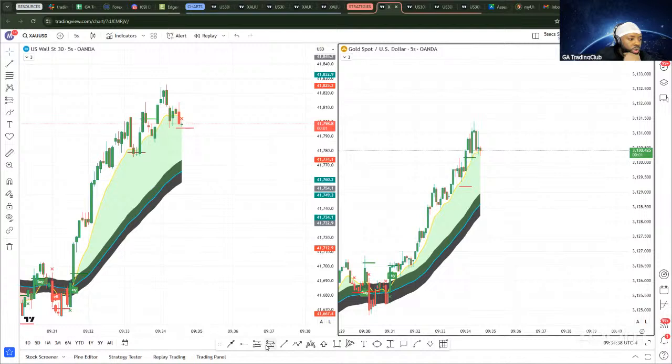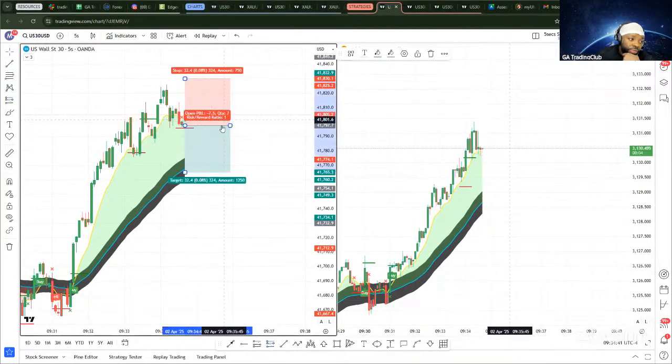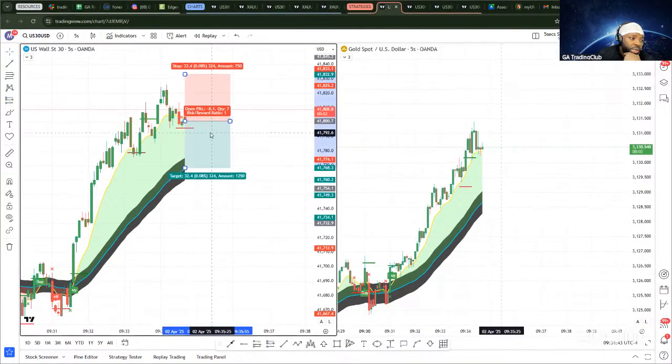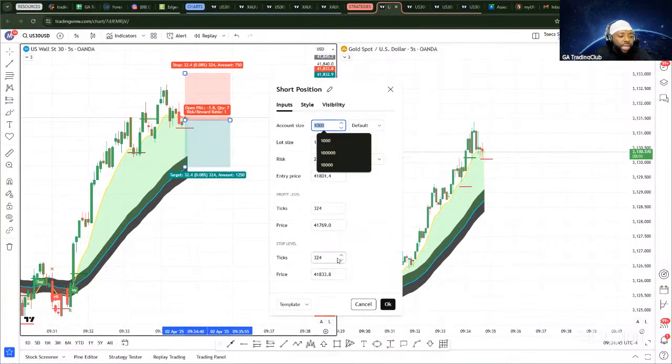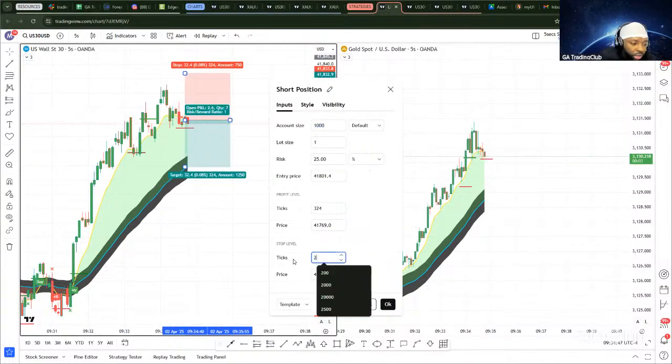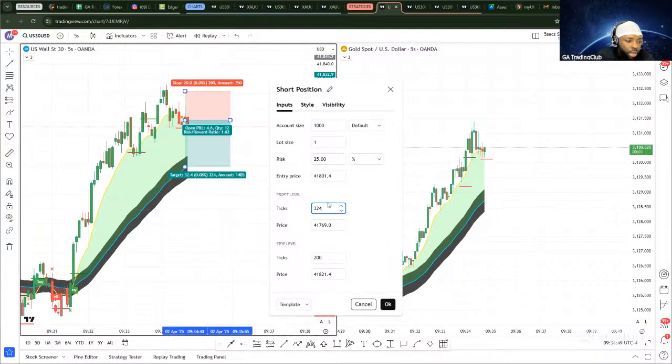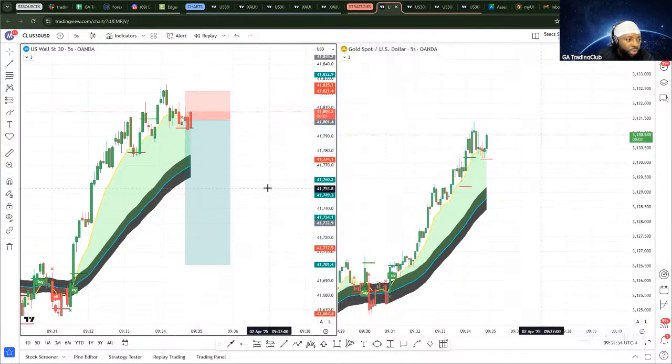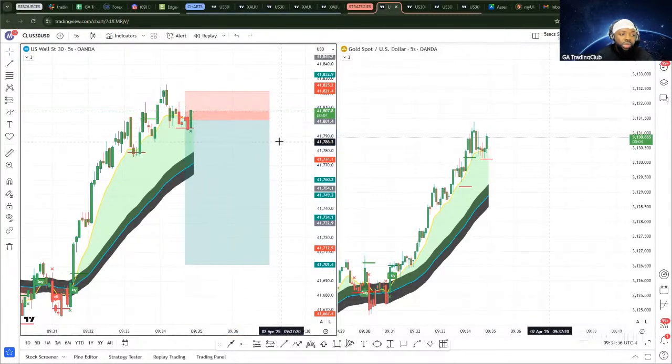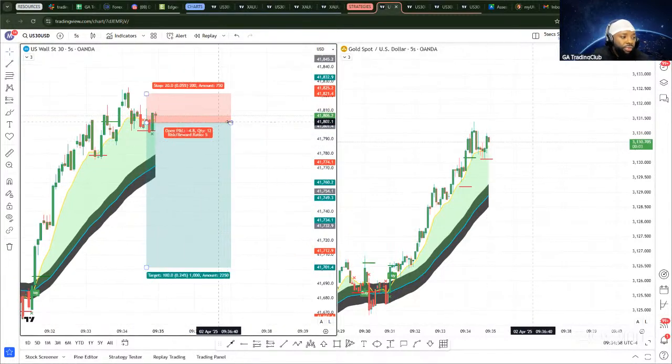Okay, so your US30 entry would be, if you are taking it, right there. Again, I'm not taking it because the rejection level was by the order block, and also we were mostly in an overlap area.